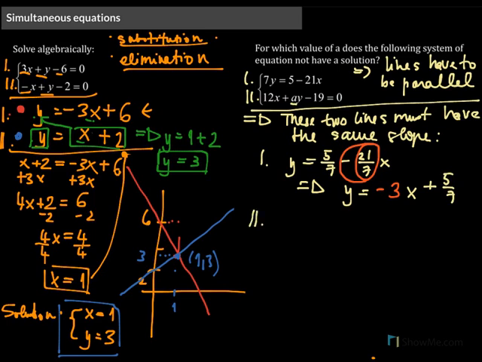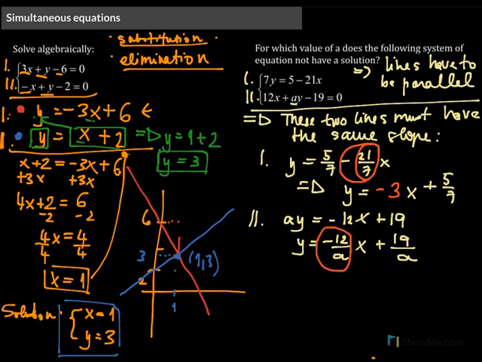And as for the second line, this looks a bit more complicated, but let's see. Again, I will try to isolate y, the term including y first. So I need to move 12x to the other side, so -12x plus 19. And now I need to divide by the coefficient of y. So y is equal to, I don't know what it is, but now the slope is this value.